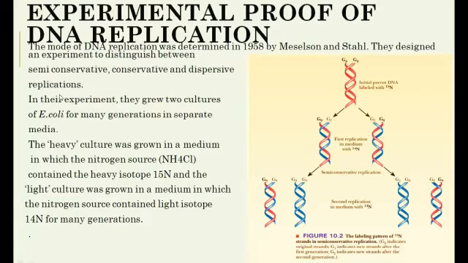In their experiment, what they did is they took E. coli for many generations in two culture media. One is called the heavy culture, which has the nitrogen source of ammonium chloride with the isotope nitrogen 15.